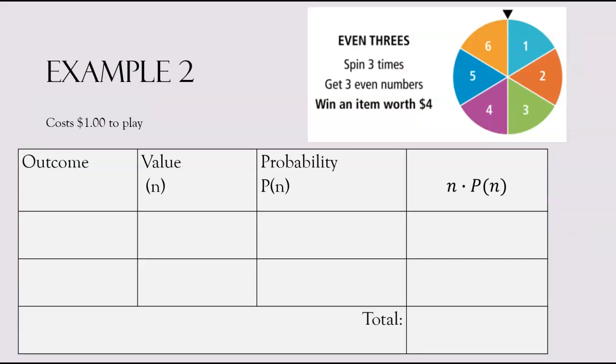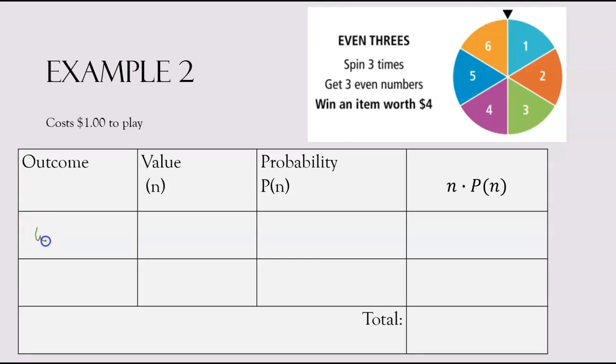Okay. Example 2, we're going to play this game. It's a charity. We're going to figure out if we spin 3 times, we would like to get 3 even numbers. All of the numbers are even. If we win, we get an item that's worth $4. So there are 2 outcomes for this experiment.